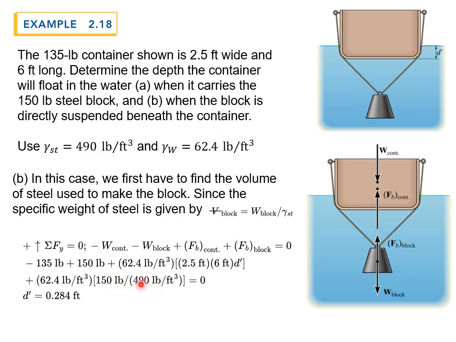That's going to be the volume of the block times the specific weight of water. So this will be the weight of the volume of water displaced by the block. And all that has to equal 0. So when you solve for this, you get D prime is 0.284, which is certainly less than the 1.5 feet, so it still floats. Notice it floats higher, right, because D prime is a little bit less than D.